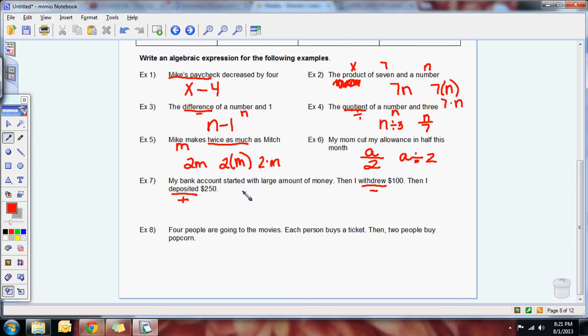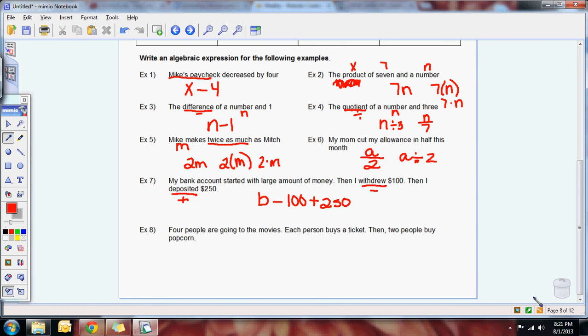So I'm going to make the bank account B. This is the amount of money in your bank. Then from there, I'm going to withdraw 100, and after I do that, I'm going to add 250. You can't just have this part because you had a large amount of money in there to start, and we don't know what that is, so you have to put that in front.